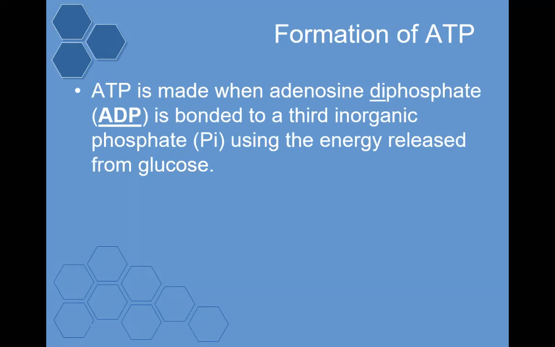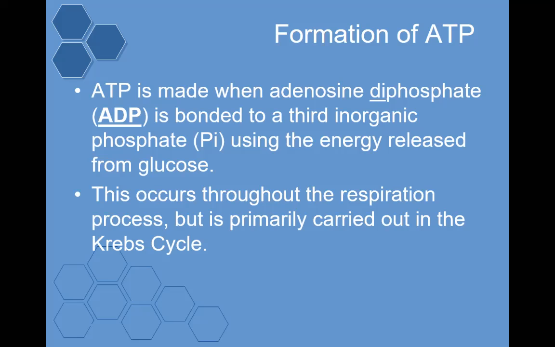So ATP is made when adenosine diphosphate, with two phosphate groups, is bonded to a third phosphate using the energy released from glucose, your food source, at the mitochondria during cellular respiration. This is primarily carried out through what's called the Krebs cycle. Again, don't worry about this because we will talk about it more on Friday.